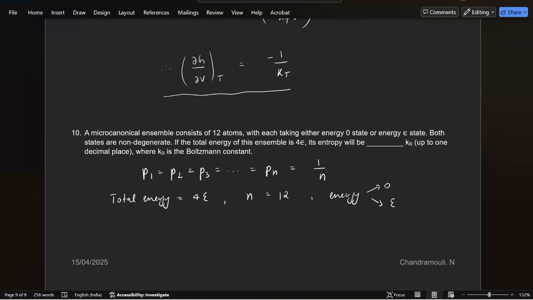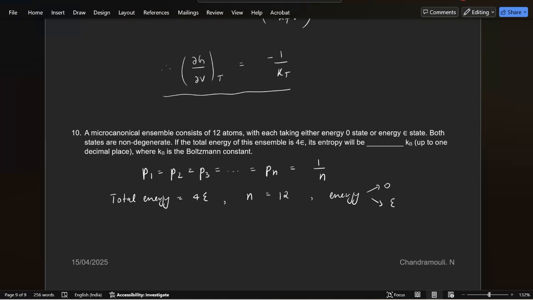In all states the total energy is going to be 4 epsilon. So that is set. Now, out of these 12 particles, you choose 4 particles and give them 1 epsilon energy each. That way you will get 4 epsilon. The remaining 8 particles will have energy 0. Do you understand this part?